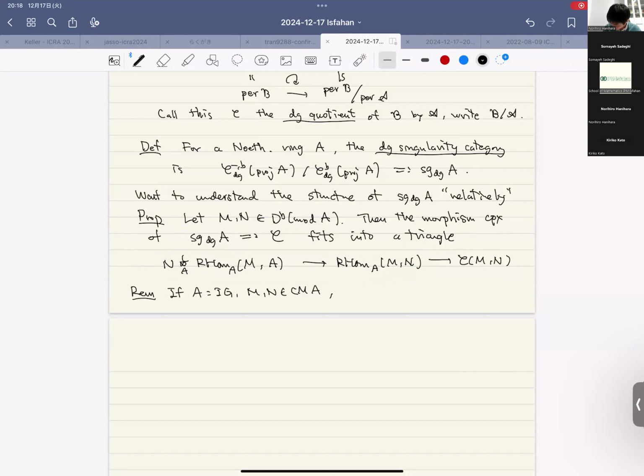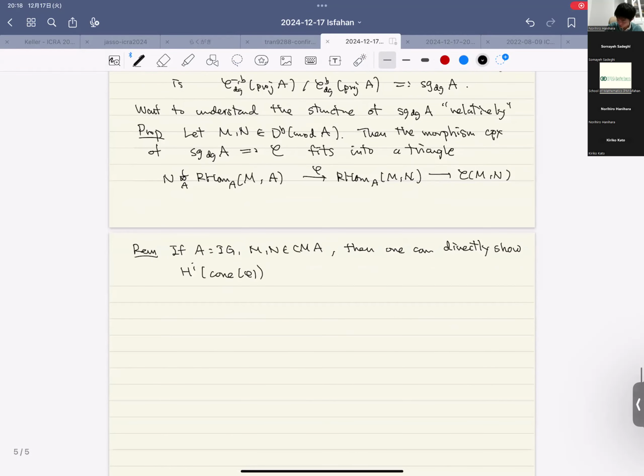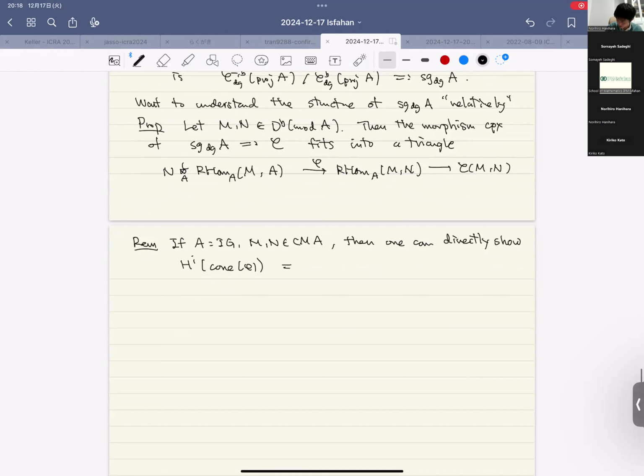Then let me write it here. One can directly show that, let's call it phi, the cohomology of the cone of phi is something as desired, namely the stable Hom from M to N shifted by i.